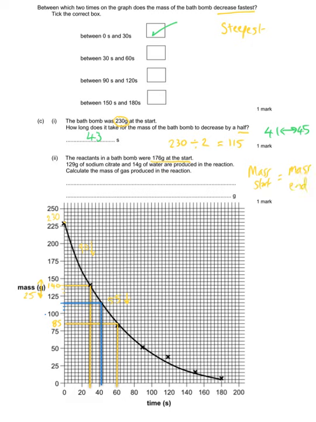And so it was 176 grams at the beginning, and 129 grams of sodium citrate were produced, and 14 grams of water were produced. And so the answer for how much carbon dioxide is, we take away the two masses from 176 and we get 33 grams as our final answer, because that is 176, take away 129, take away 14.